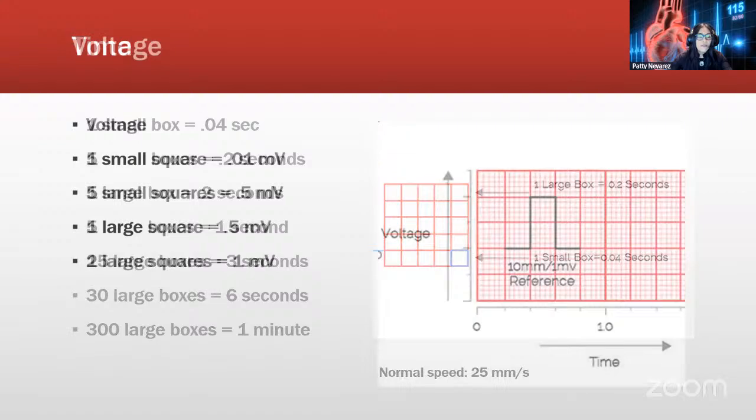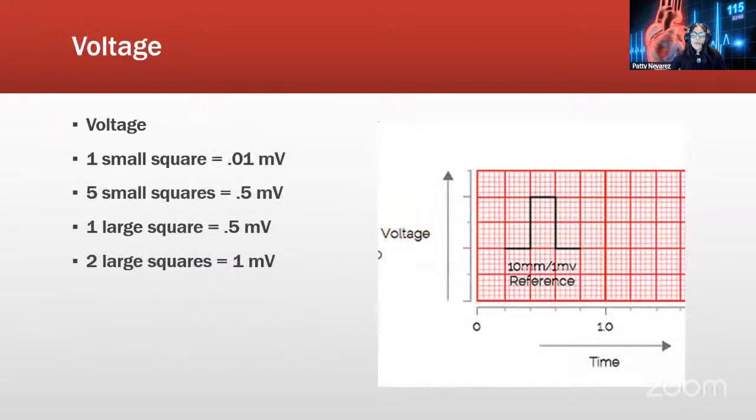Now let's take a look at voltage. When we look at an EKG, we have to have a mark in either one of the ends, right or left end, that is going to indicate the voltage of the image. For a proper voltage, we're going to have 2 large squares, which are going to represent 1 millivolt.